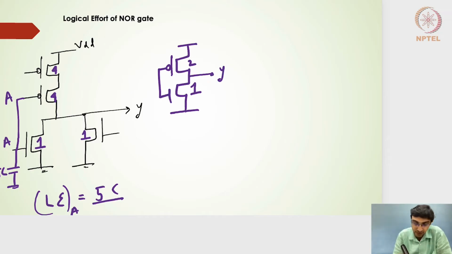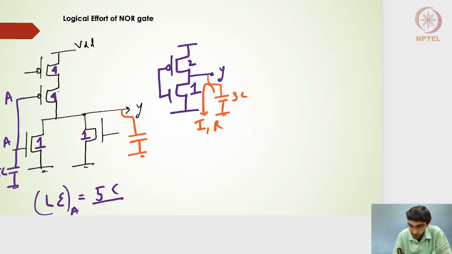So if I consider the capacitance here, it will be nothing but 3C, which will have the current of I and then the resistance of R. Similarly, if I consider the output capacitance here, which will be nothing but 1 plus 1 plus 4, which will be 6C here.